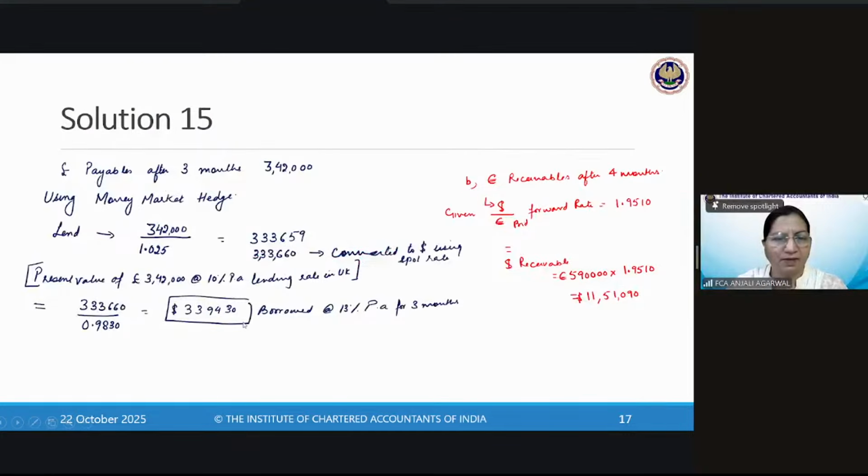This amount is what you have borrowed at 13% for 3 months, and this you will end up paying exactly after 3 months in USA. So 339,430 into 1.0325, that is 13% for 3 months, 3.25%.